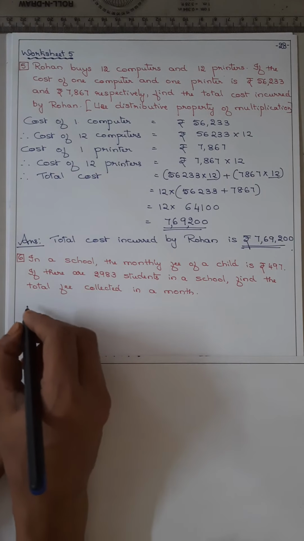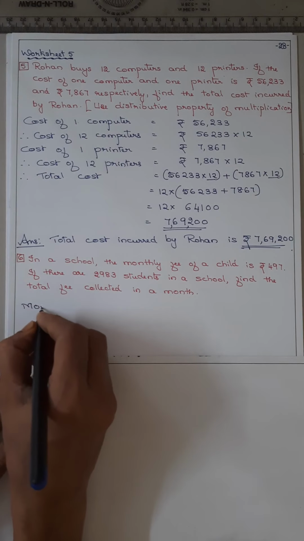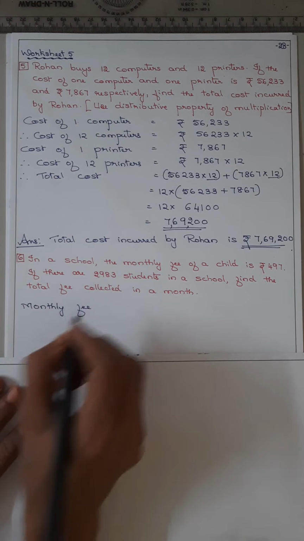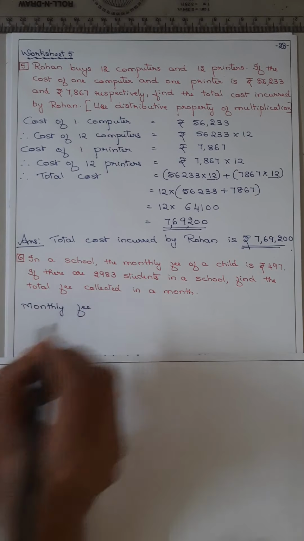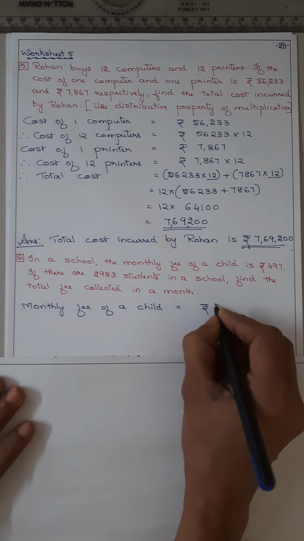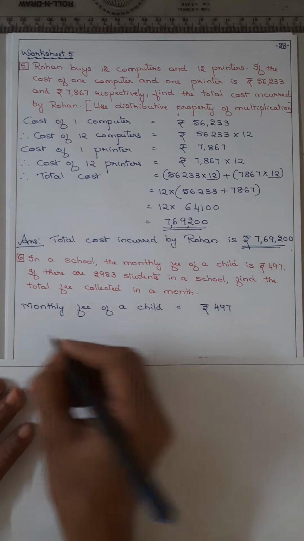So first the statement will be: monthly fee of a child. Of a child means one child is 497.